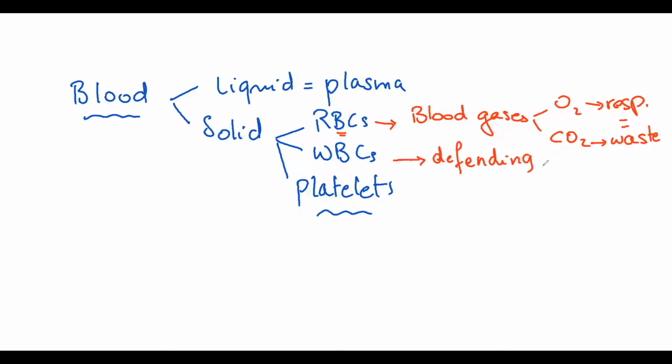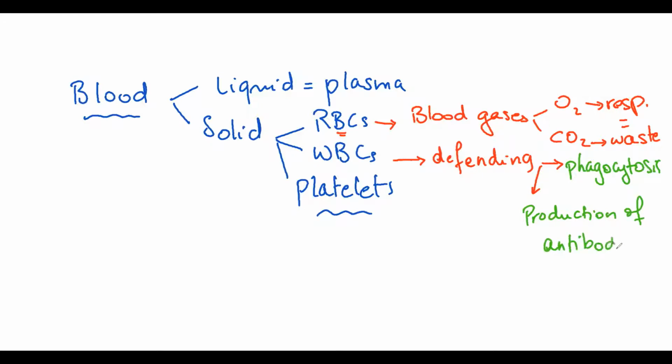So we have here two types of functions, which are phagocytosis, which means engulfing of the foreign materials or foreign bodies, and production of antibodies. These are the functions of the white blood cells.